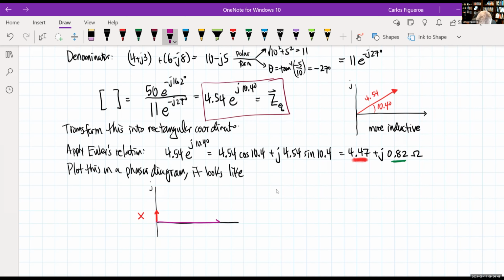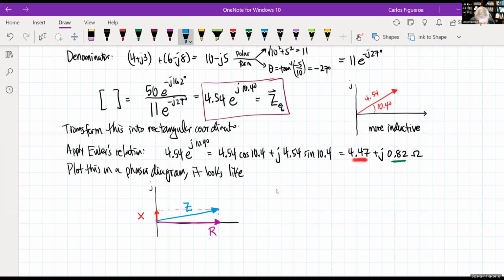So this is much bigger than that, and that's going to be my R. And from the parallelogram rule, I am going to have an impedance.